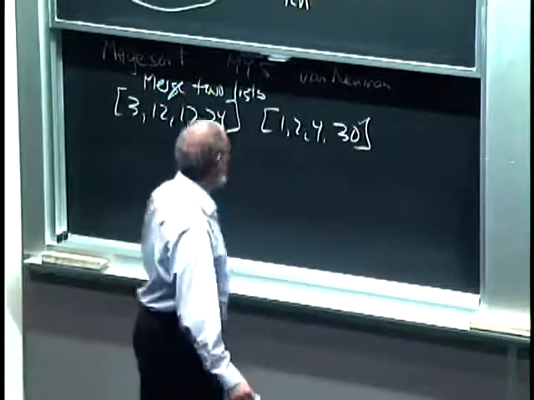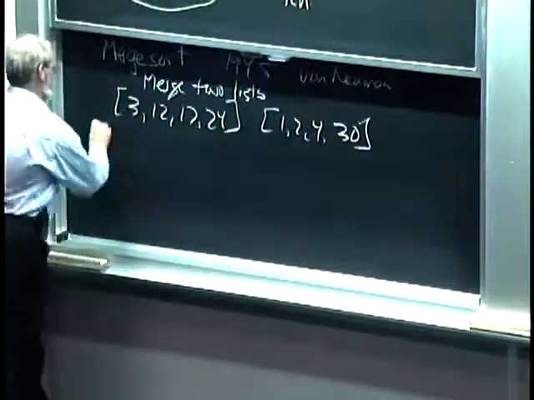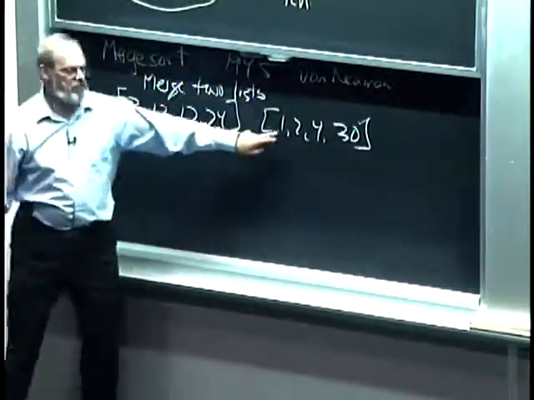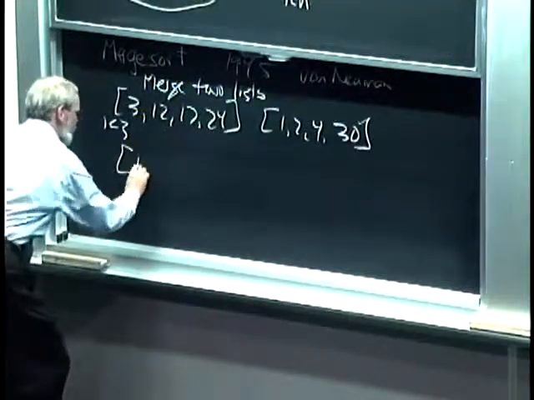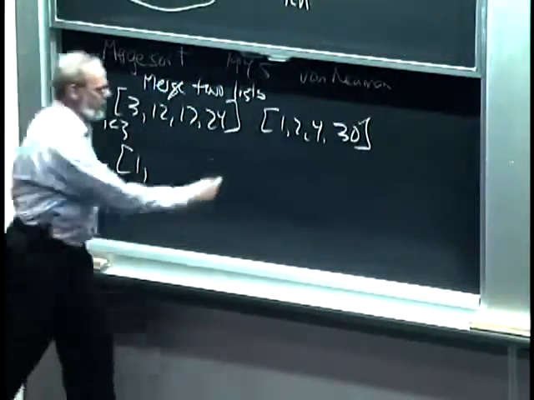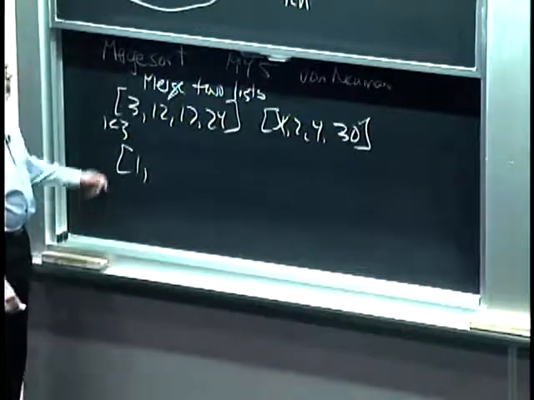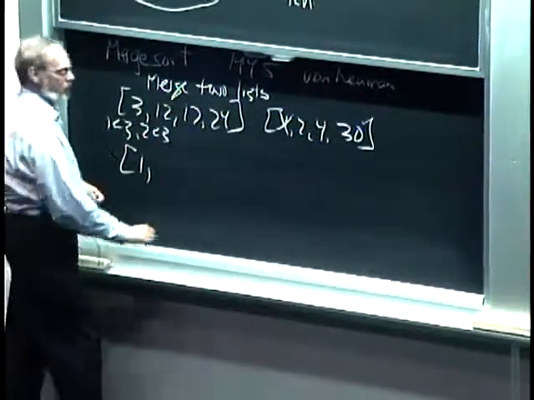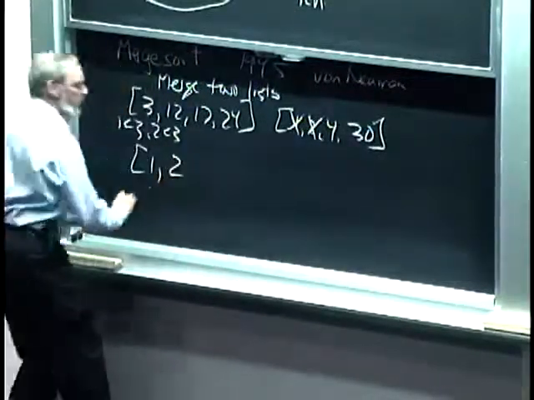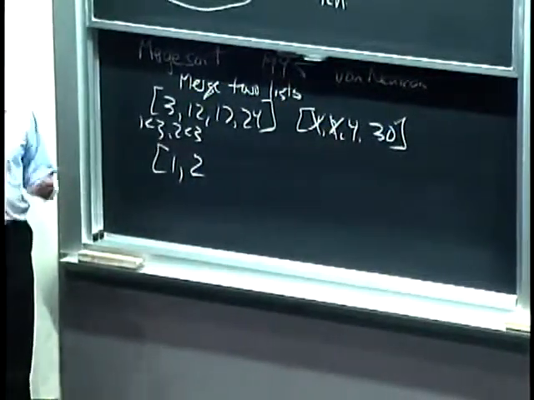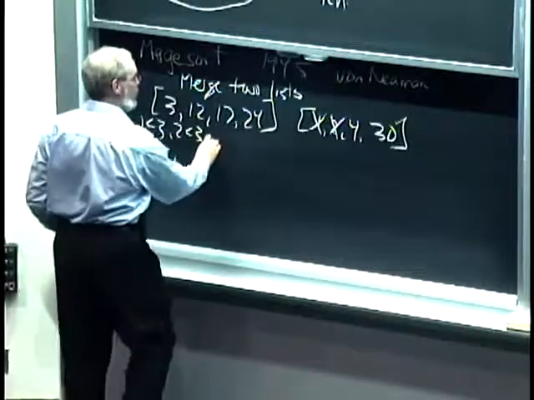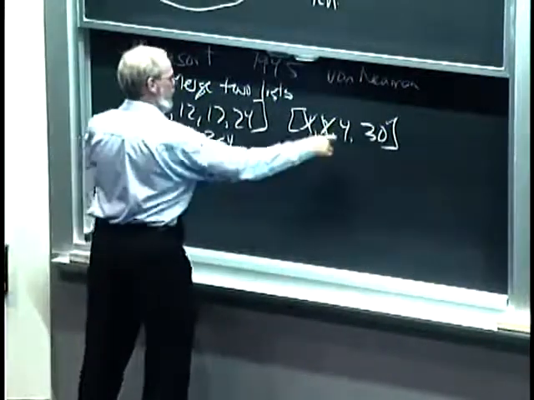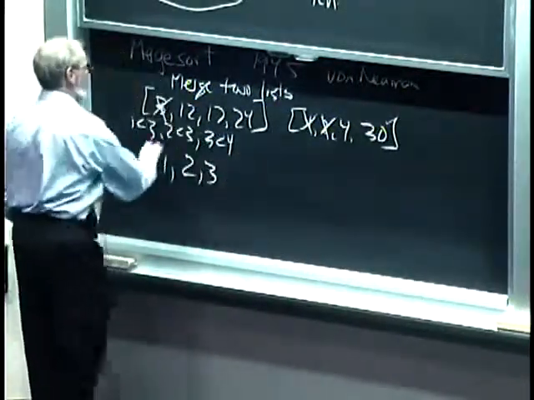Well, it's pretty easy, right? I start at the beginning of each list, and I say, is 1 less than 3? Sure. So 1 should be the first element in my merged list. Now, compare the first element in each of these lists. 2 is less than 3, so 2 ought to be the next element. And you get the idea. What do I do next? I compare 3 against 4. 3 is the smallest one.